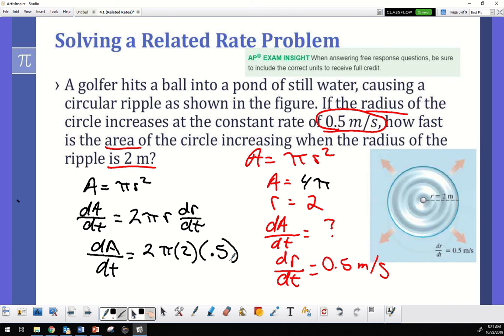So my dA/dt is going to be 2 pi. And that is going to be in meters squared per second.